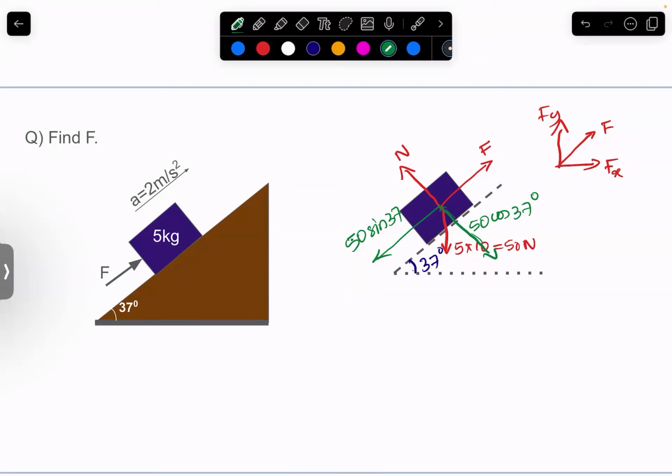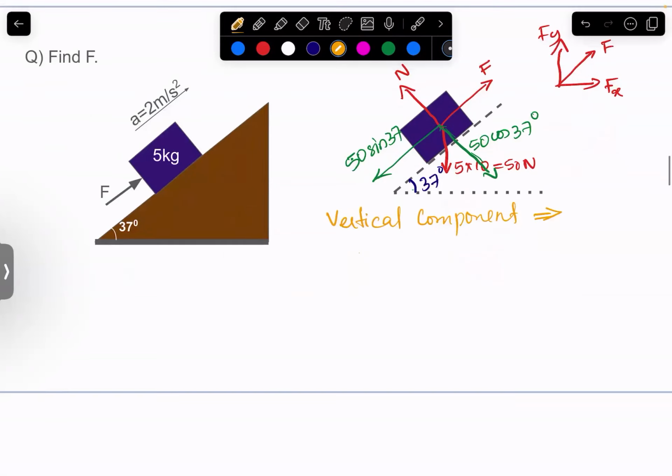First, equating the perpendicular components, we get N equals 50 cos 37 degrees. We know cos 37 is 4 by 5, so 50 cos 37 is 40 Newton.